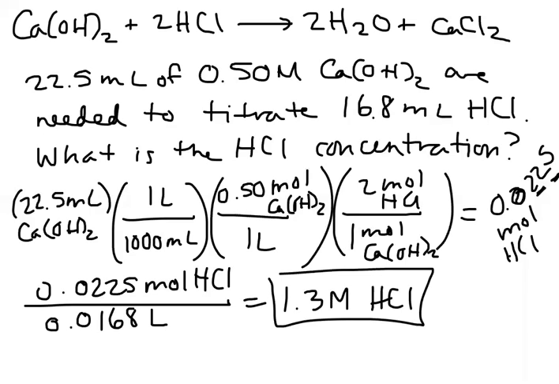Any questions on that? So I had it in 16.8 mL. If you convert that to liters, it would be 1,000 mL on the bottom per liter, would be 0.0168 liters. I just didn't show that calculation. You just need to be very clear that you have everything in liters because it's moles per liter.